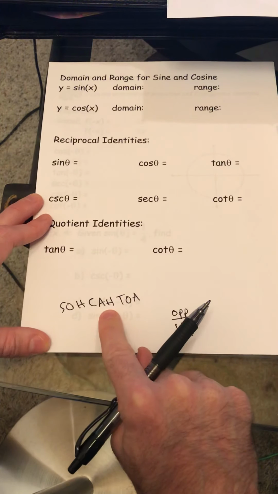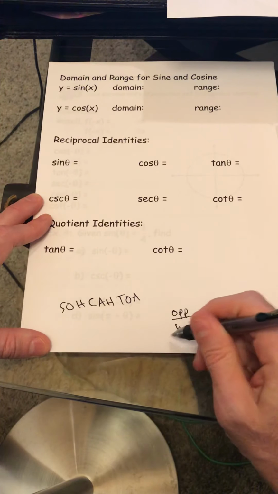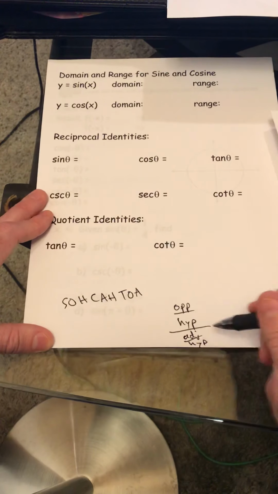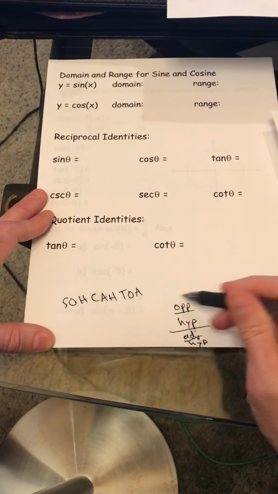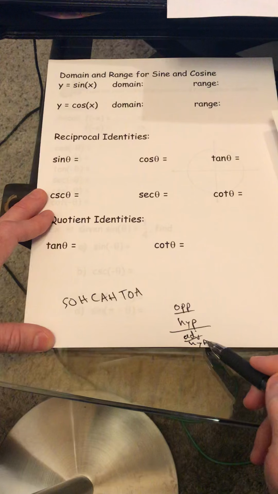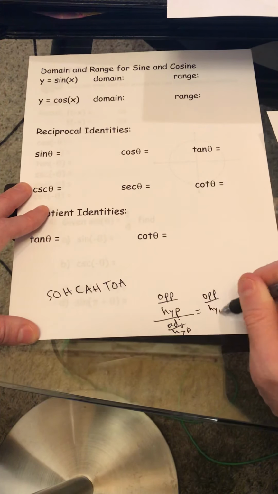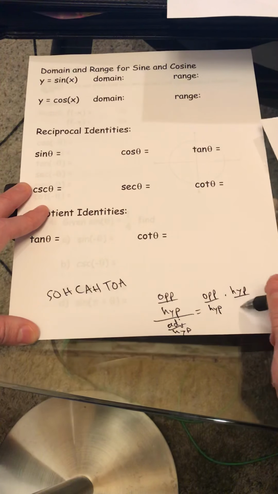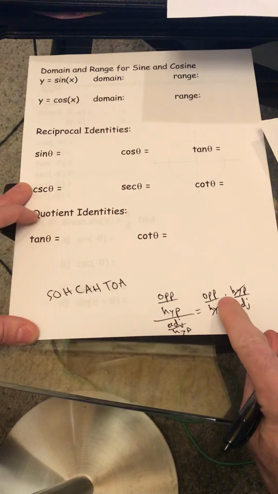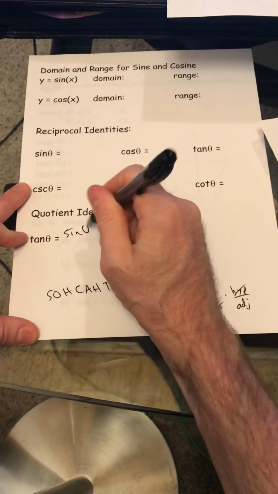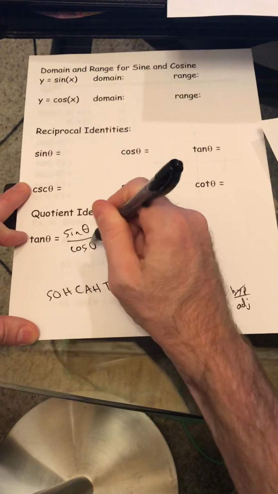Cosine is adjacent over hypotenuse. So if I take sine divided by cosine, I get opposite over adjacent. So tangent is sine over cosine.